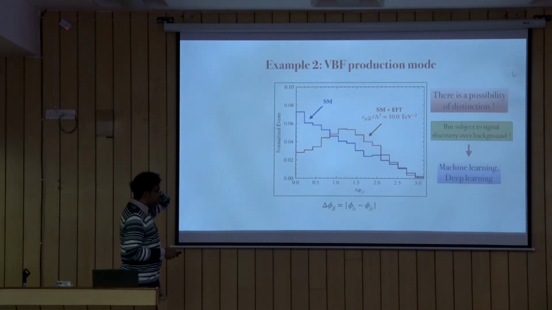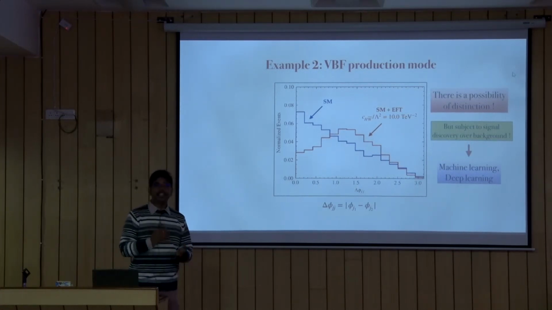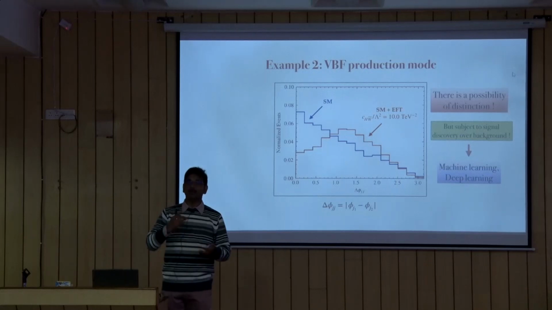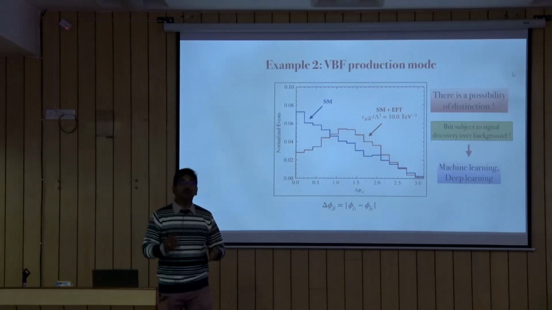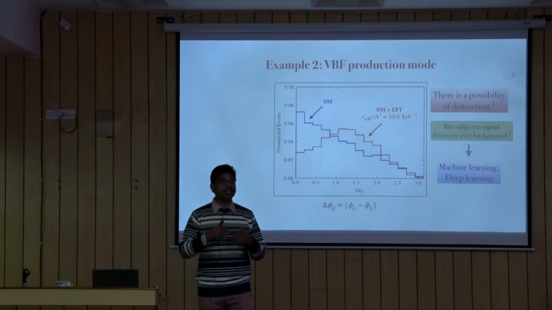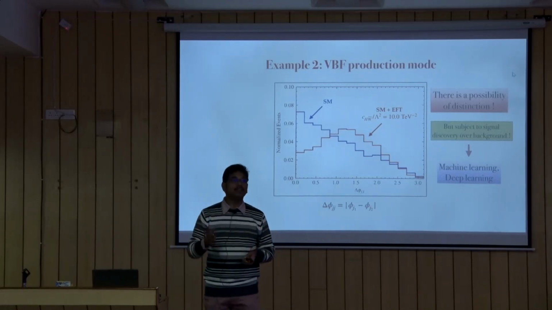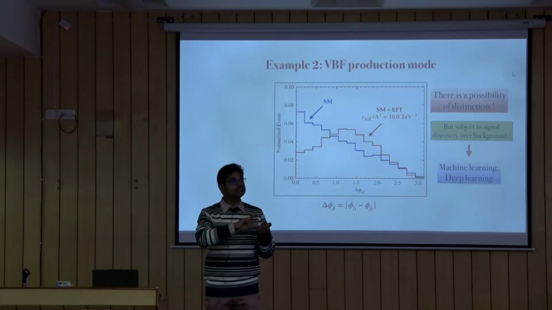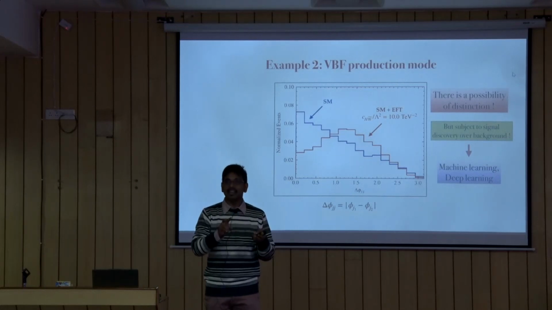Therefore, for a realistic analysis we have to take everything together: the signal plus effective operator plus standard model background. Choose event variables or final state variables that discriminate your signal and background to the best extent.